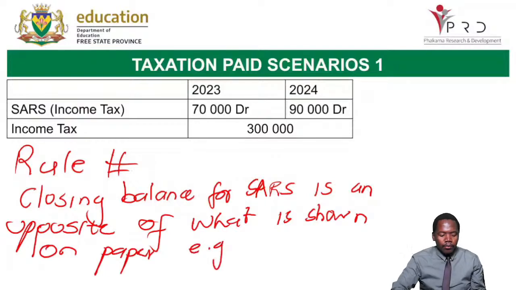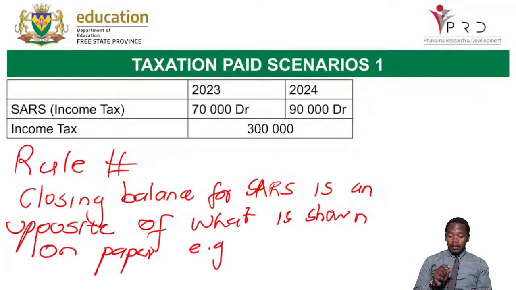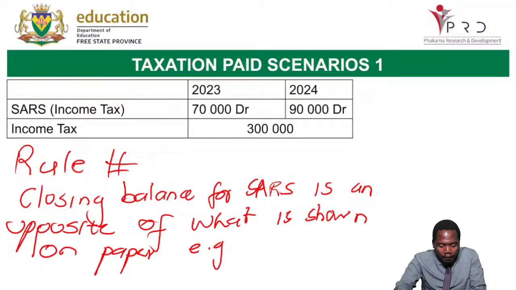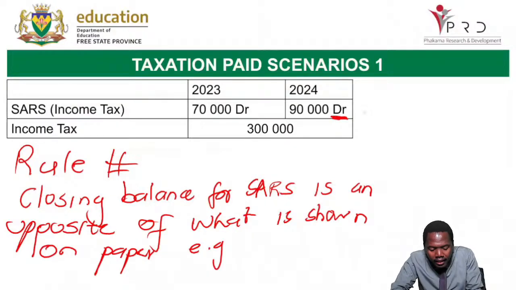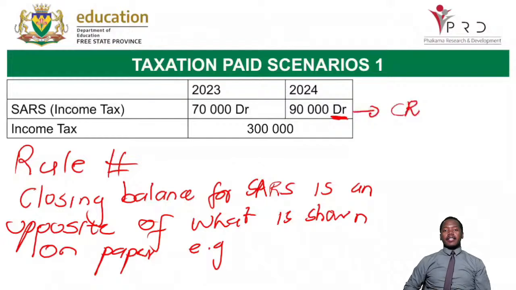For an example, what am I saying here? Closing balance of SARS income tax is an opposite of what is shown on paper. If it is shown as a debit side, meaning when I do my calculation, it will be a credit side. Please remember that rule. If my closing balance is shown as a debit side, then when I do my calculation, I need to show it as a credit side.